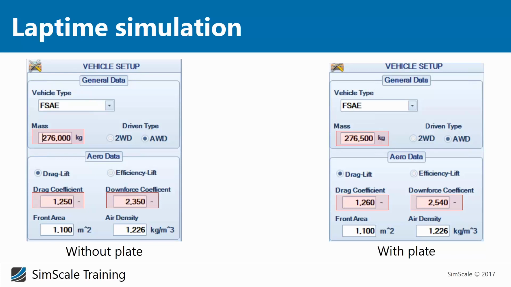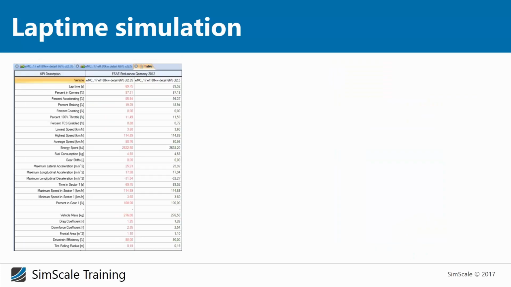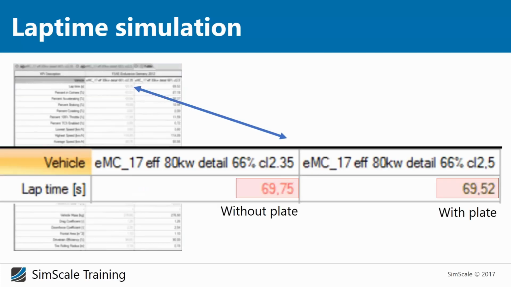The lap time simulation now simulates the track in Hockenheim and how a perfect driver would drive on that track. And it gets you something like a table in which you can see many different values, and the value that interests us the most is the lap time, of course.